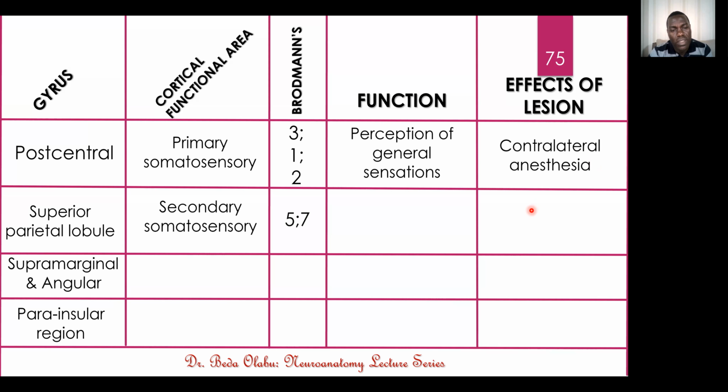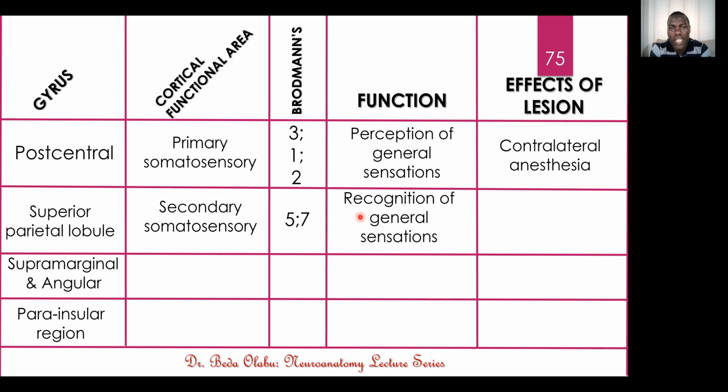Linked to that one is the superior parietal lobule, which represents the secondary somatosensory cortex, areas 5 and 7. The secondary somatosensory cortex is for recognition of general sensations. We use this region to recognize sensations.